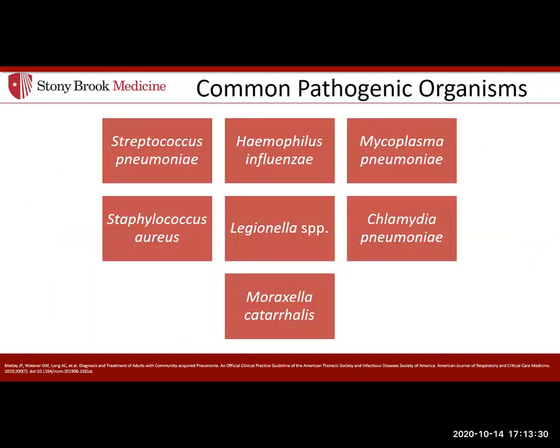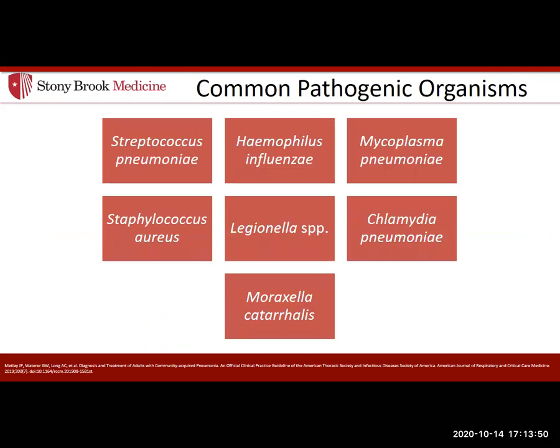So here on the slide, I just have listed some of the most common organisms implicated in the pathogenesis of CAP. And of the organisms listed here, the most common bacterial organism identified in the United States is Strep pneumoniae. This organism can be of concern because of the emergence of resistance, and this should be kept in mind when selecting antimicrobial therapy.